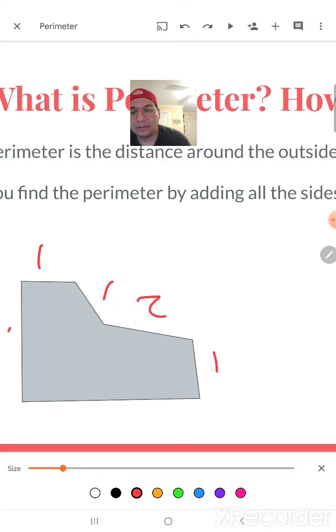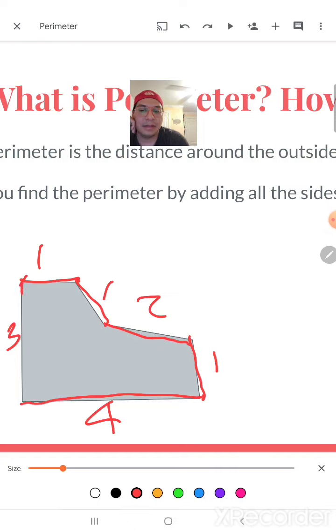This is 3, and this is, let's say, 4, right? So these are all the sides. We labeled every side. I'm tracing each side because if I'm tracing it, I know I already numbered it.